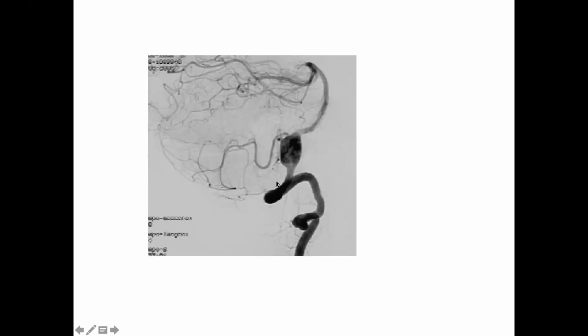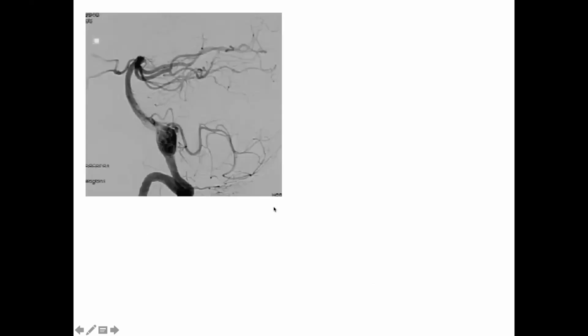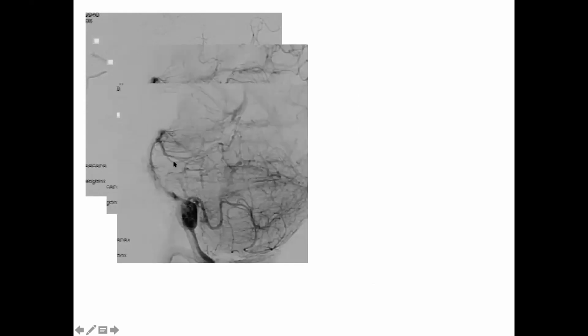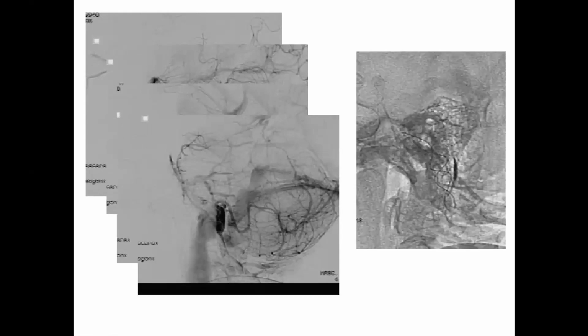The PICA, oblique, the PICA. Probably the dissection finished here, in this point, no, here. And the origin is about this. I decided to treat it with Leo stent, from the French company Balt.